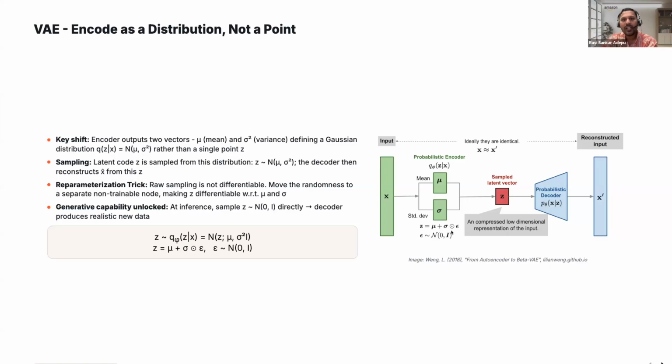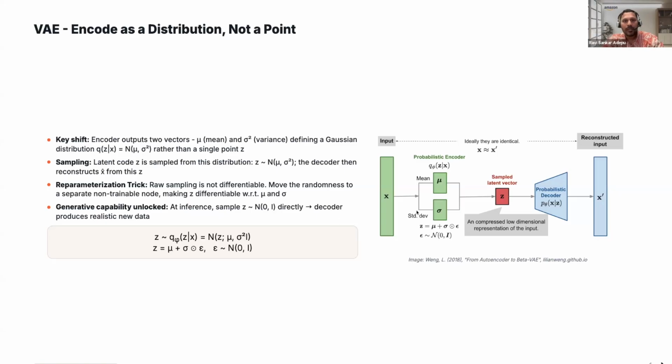Together they define a Gaussian, a little cloud of probability in the latent space, q(z|x). To get a code, we sample a point z from that cloud and hand it over to the decoder. Nearby inputs produce overlapping clouds, so the space between becomes smooth and continuous.